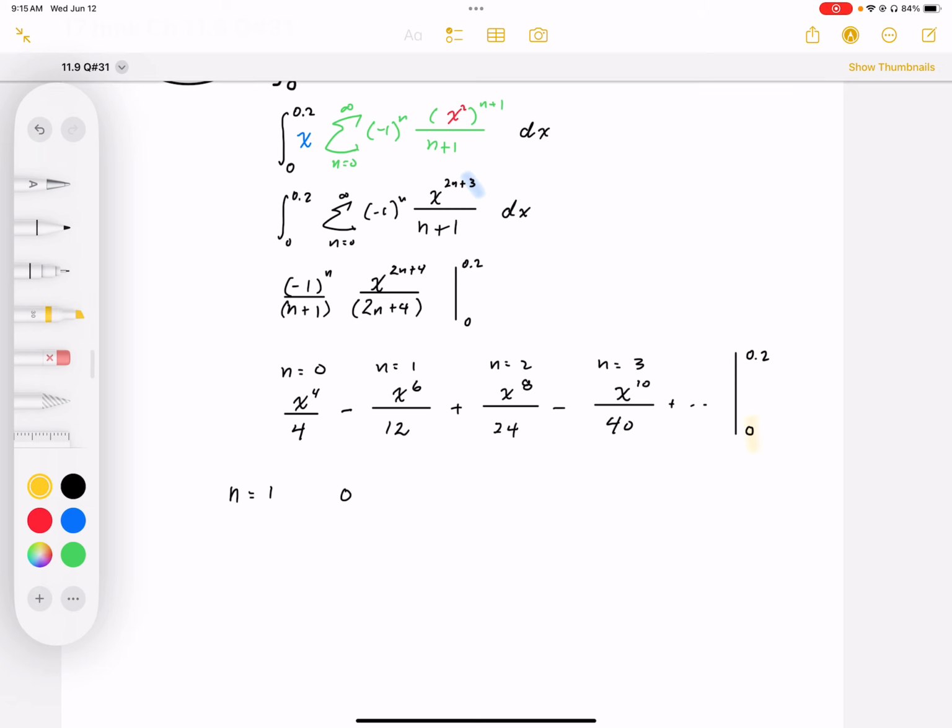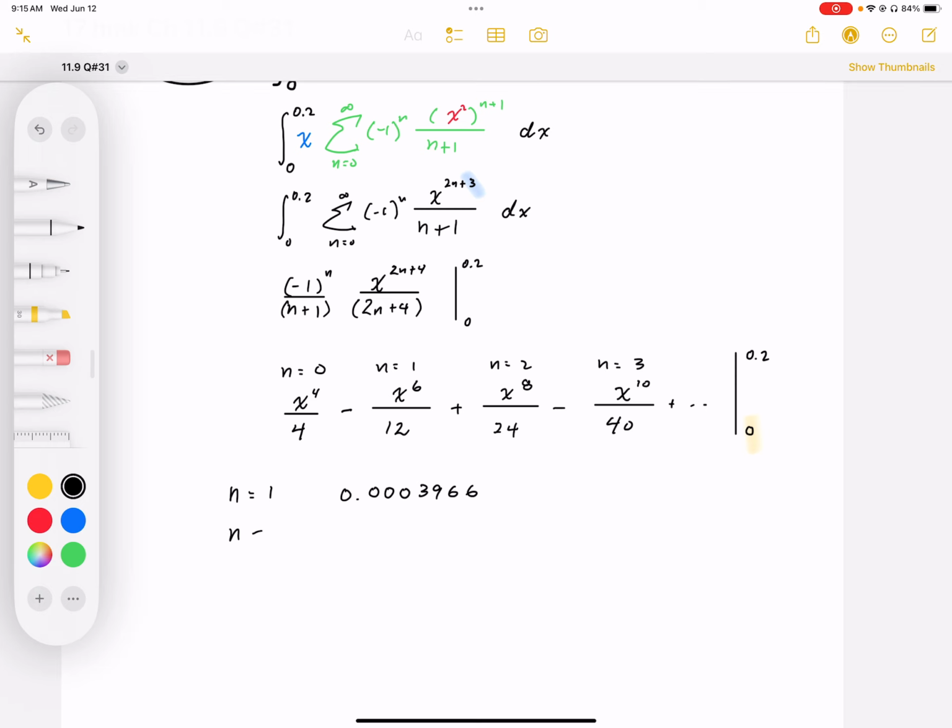My bound of 0 is just going to be minus 0, so I'm just going to plug in my 0.2. When I do those calculations, I get 0.0003966. So that's the first 7 digits.